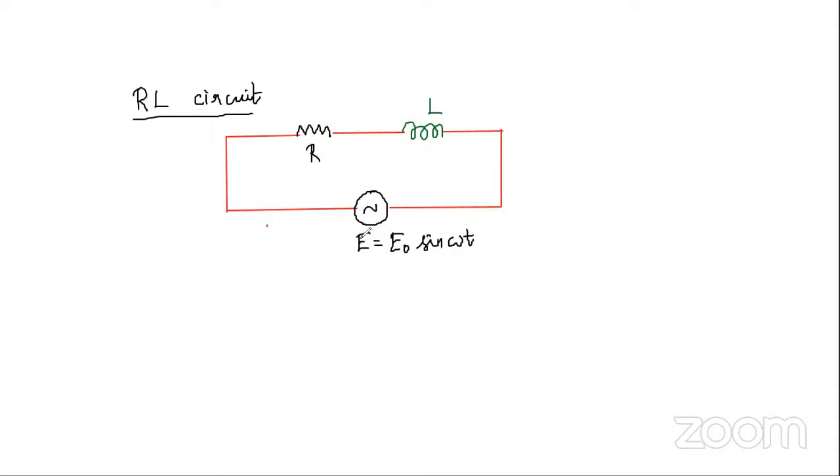This is your circuit, and you will have potential drops across this resistance and this inductance. The potential drop across this resistance is given by V suffix R equal to I naught into R.